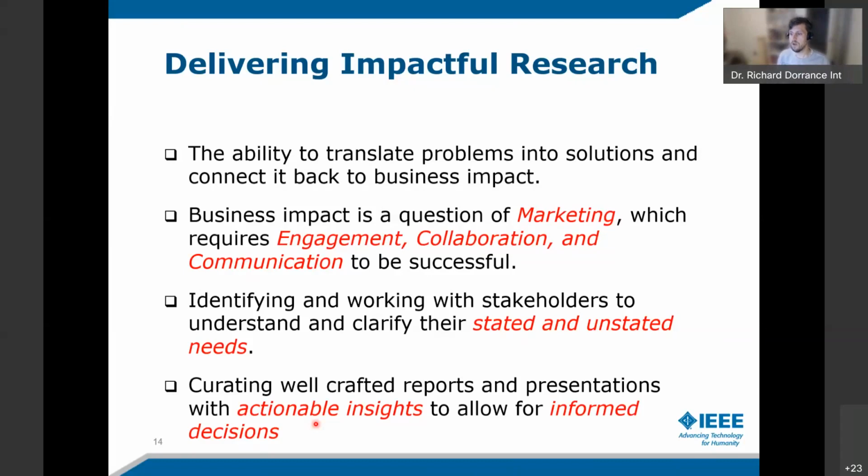One way to think about that is, if a 5-year-old asked you what research you're doing and what the solution is, you could explain it to them and they would understand. That's not necessarily true for every single research problem, but it should be true for most of them.